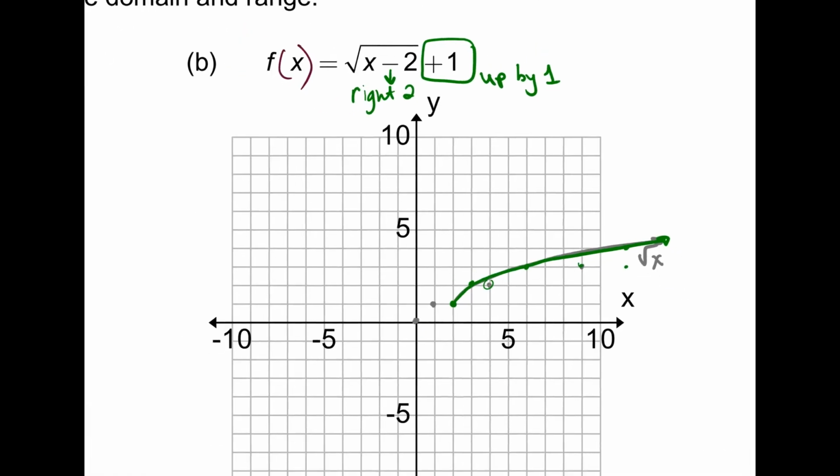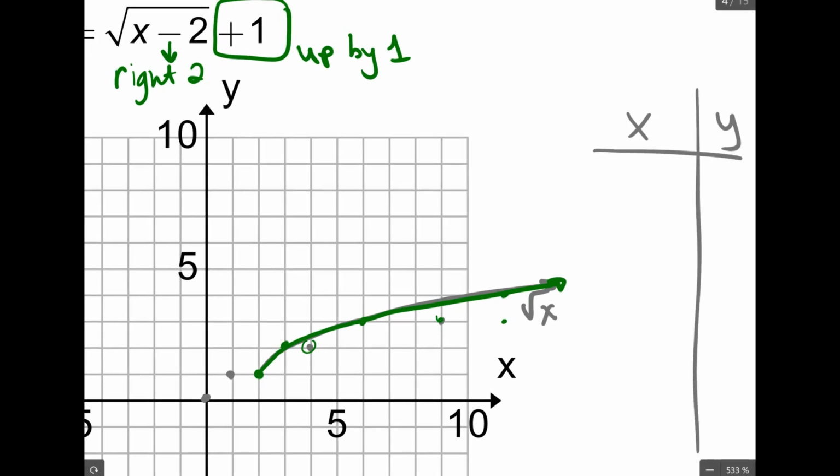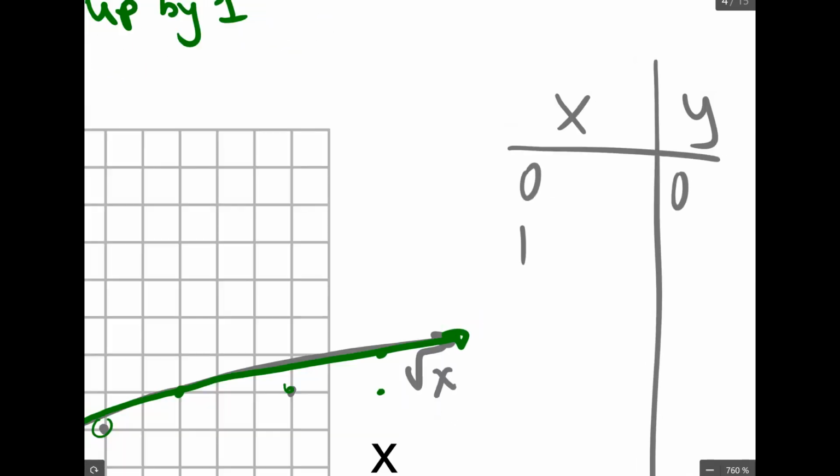All right, so that's way 2, you just go point by point. That's not ideal. It might be a little easier because you only know those points, but I'd get the same thing if I did the x and y coordinates. My original points are 0, 0, 1, 1, 4, 2, 9, 3.